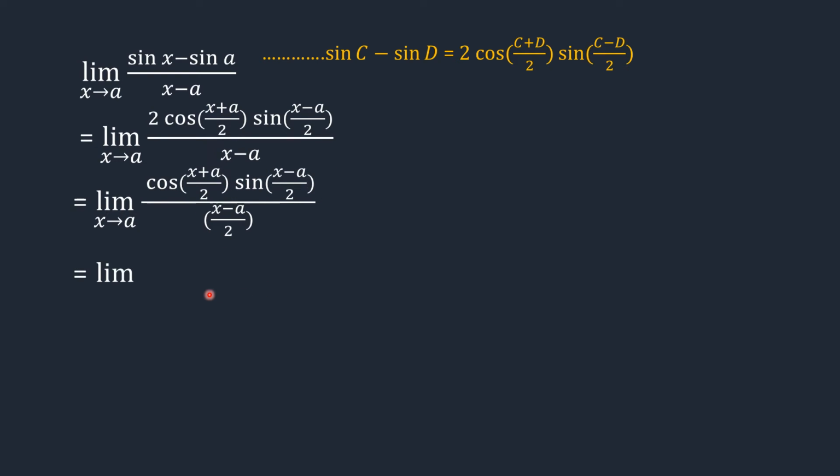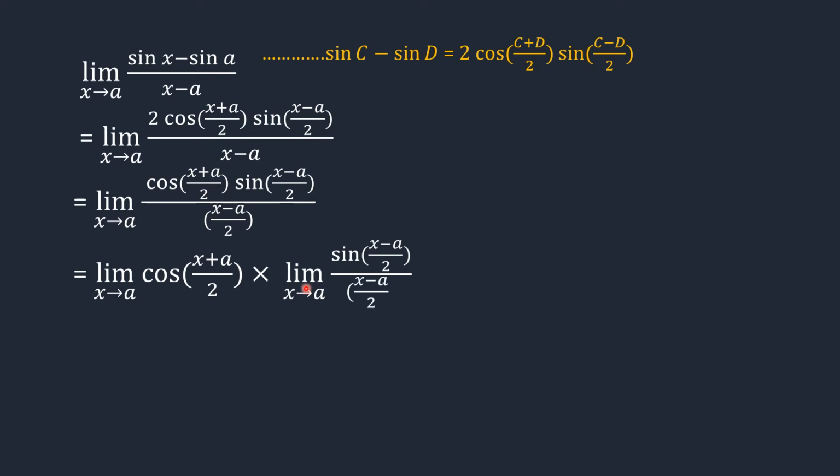So in the next step we will write limit of cos x plus a over 2 multiplied by limit sin x minus a over 2 divided by x minus a over 2. Now as x approaches a, x minus a approaches 0 and x minus a over 2 will approach 0. So therefore this whole limit will become 1.